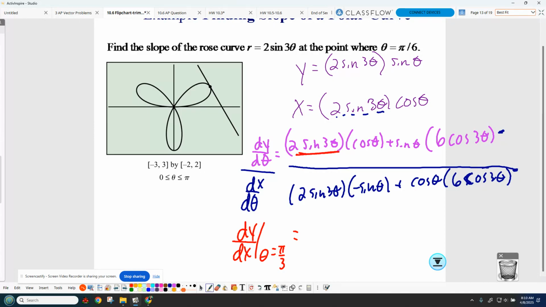When I plug in pi over 3 to that, sine of 3 times pi over 3 is sine of pi. So did I mess up? Where? Pi over 6, sorry, pi over 6. I lied. Okay, so it's not so easy. 3 times pi over 6, so it's sine of pi over 2. Then times that 2 on the outside, so that's 2 cosine of pi over 6, root 3 over 2.